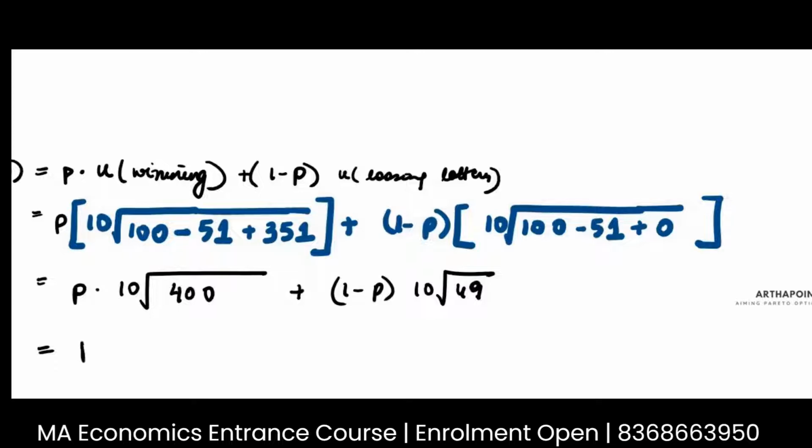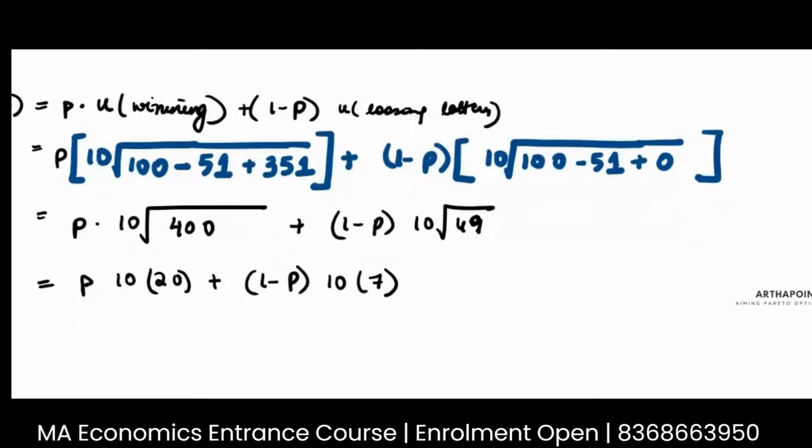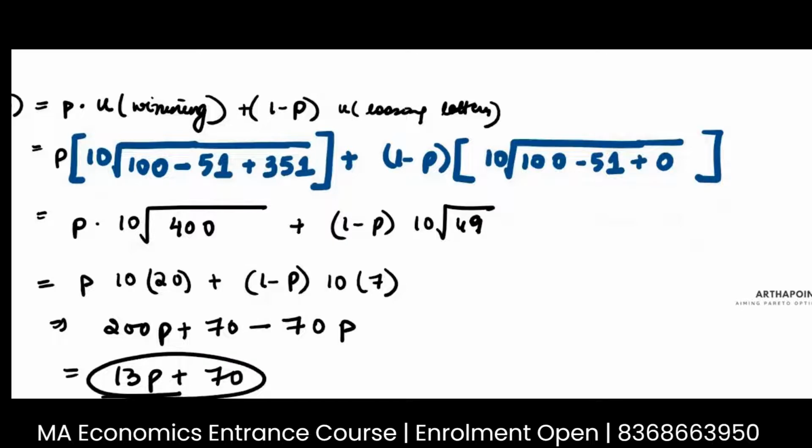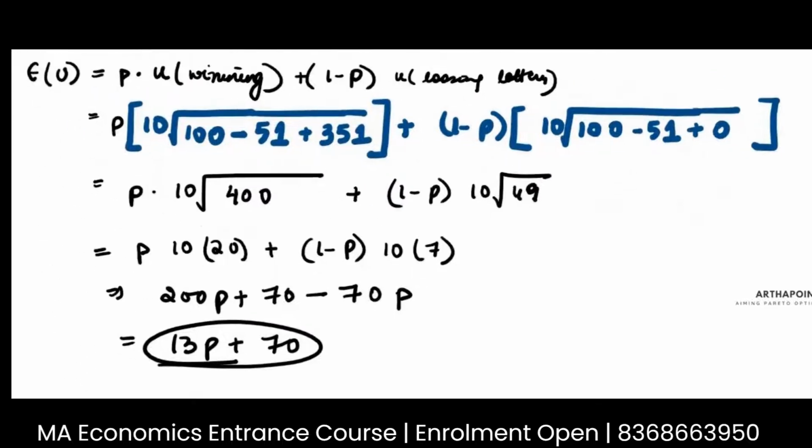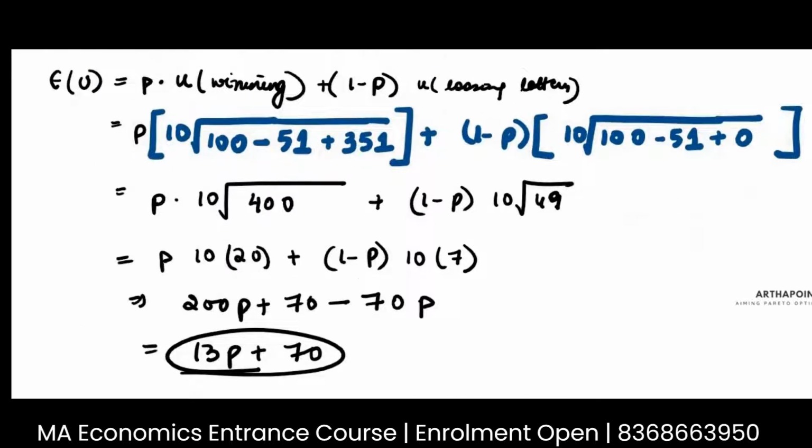So this is going to be P times 10 into 20 plus 1 minus P times 10 into 7. So 200P plus 70 minus 70P, which is 130P plus 70. This is going to be my expected utility.